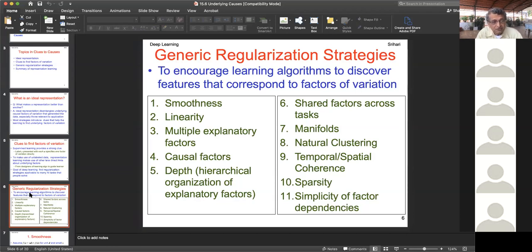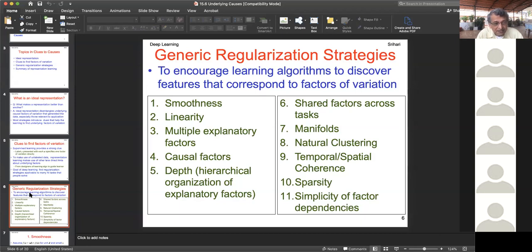Then manifolds, being on a manifold, which we saw earlier on, natural clustering of the data, temporal or spatial coherence, sparsity of the models, and simplicity of factor dependencies.